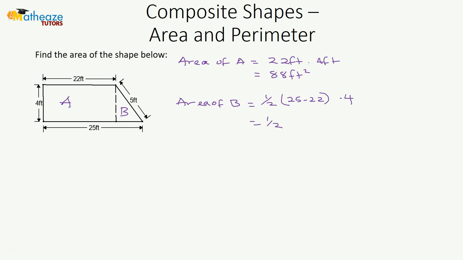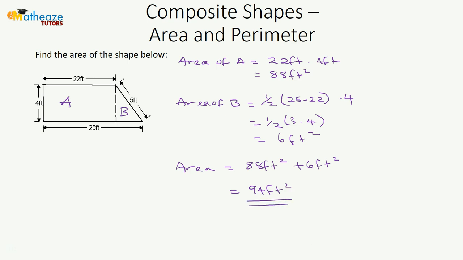So 1/2 times 3 times 4, which is going to give us 6 square feet. So area of the shape is going to be equal to the sum of both areas, which is 88 square feet plus 6 square feet, which is 94 square feet.